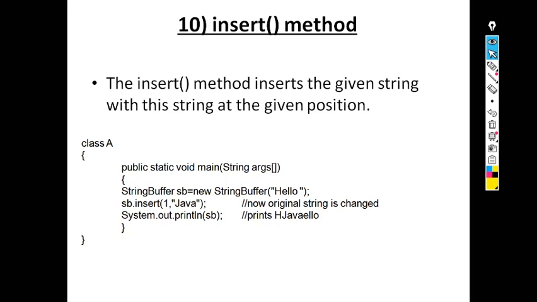Here is one example for you: StringBuffer sb equals new StringBuffer hello, and I want to insert Java at the first index position. So the System.out.println will place your JAVA starting from the first index. So you will get output as H, Java, and then the rest of the portion of sb.